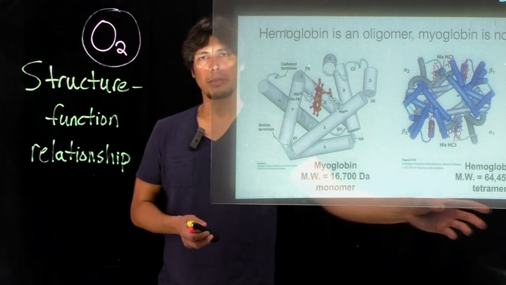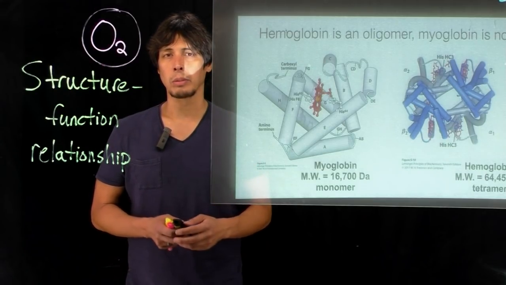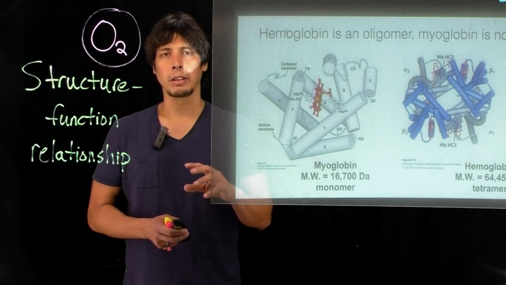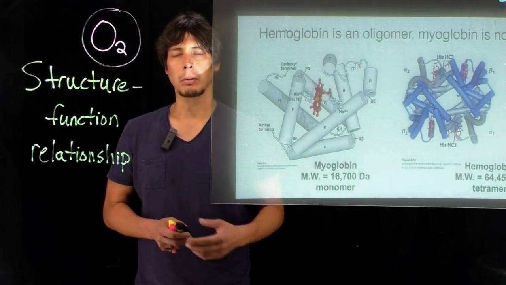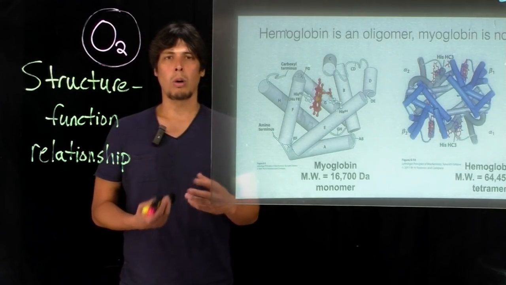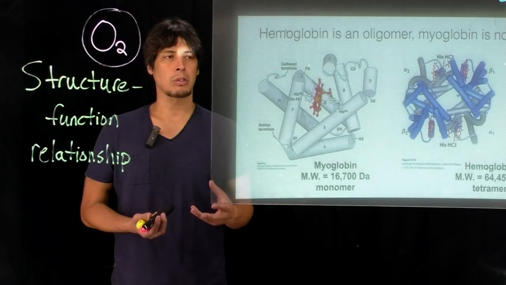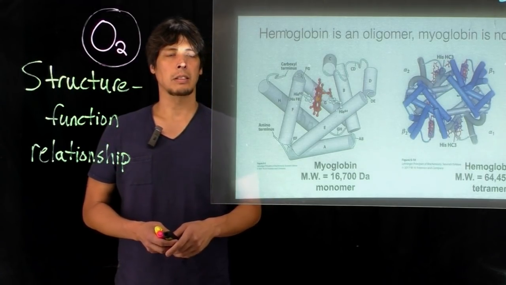This is an oligomeric protein that exhibits quaternary structure, and that's really important for the different O2 binding curves exhibited by myoglobin and hemoglobin. This is what we're going to look at in the next few lectures: how does this structure affect these differences? And so we'll get to that starting now.